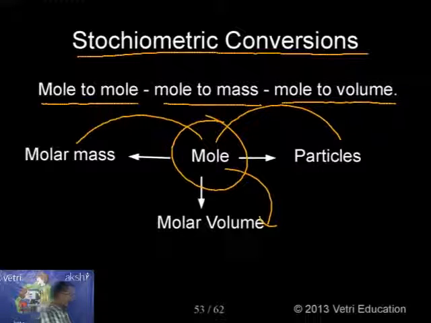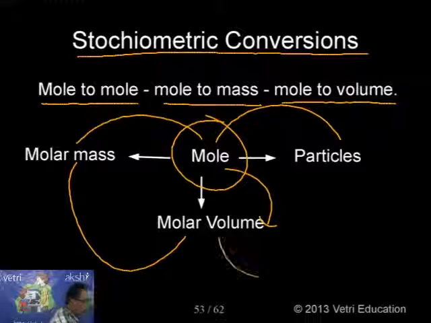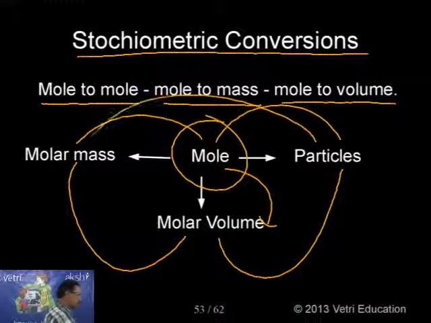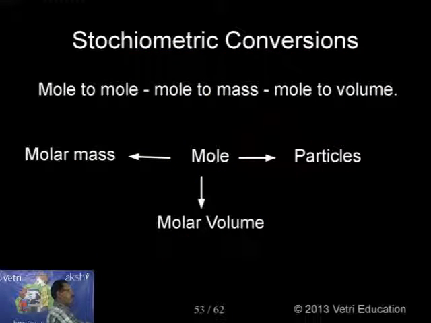And vice versa, molar mass can be converted into molar volume, provided it is a gas, and into particles. So by 6 combinations, we can convert one form to another with the help of stoichiometry. We call it a stoichiometric conversion. Let me take some 3 or 4 problems to explain the fact.